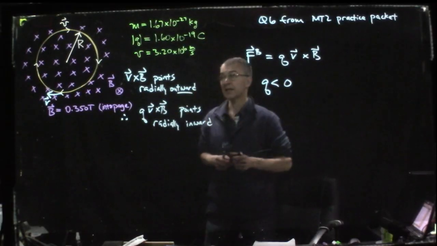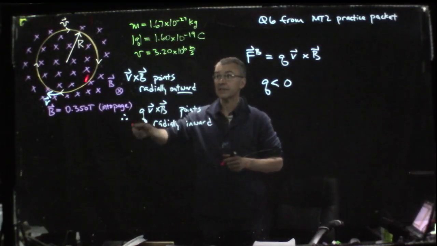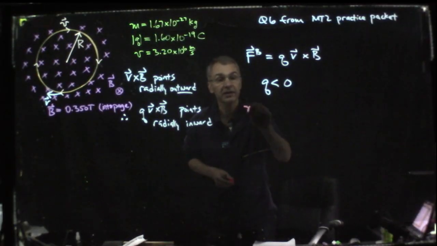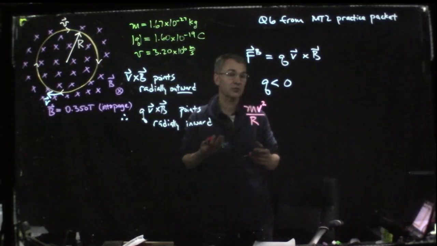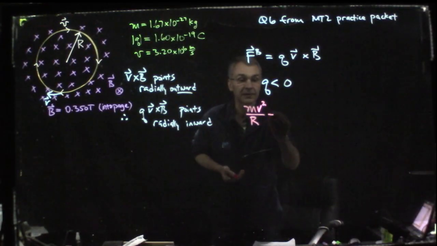And then, what is the force keeping this thing moving in a circle? It's the magnetic force. So we can say mv squared over r. That is whatever force is needed to keep it going in a circle of radius r at speed v.